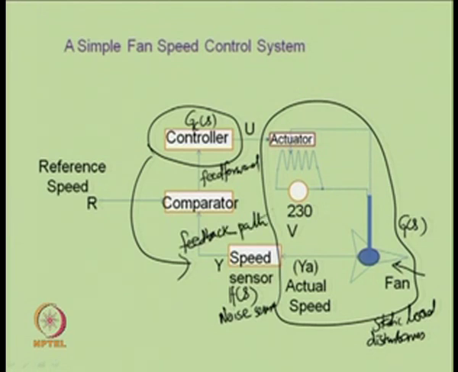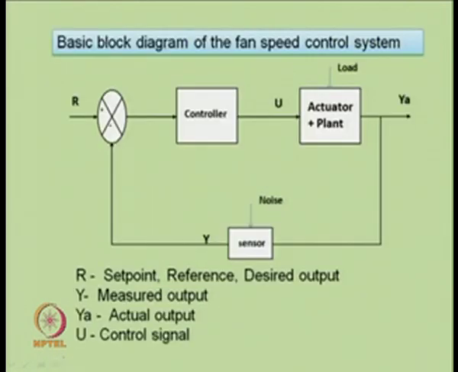Now, a control system has a feed forward path, a feedback path and the actuator in the loop. Depending on the location of the controller, one may get a variety of control structures. What are those control structures? We shall see in the subsequent slides.